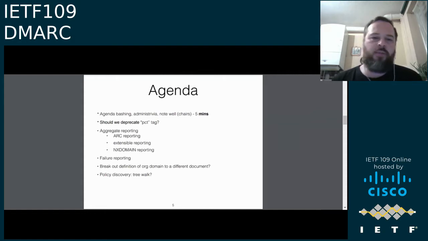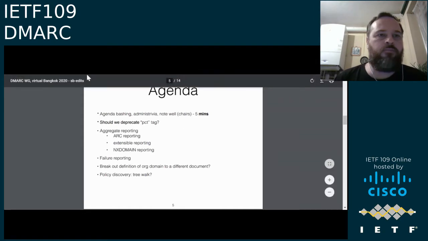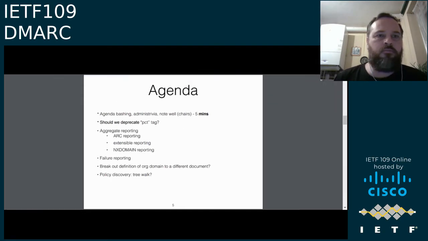In case of DMARC base, there are actually 3 topics. We'll talk about PCT, possibly breaking out organizational domain definition, and policy discovery. Any agenda bashing at this point? I suspect we probably wouldn't use 2 hours for this session, but we'll use as much of it as productive.